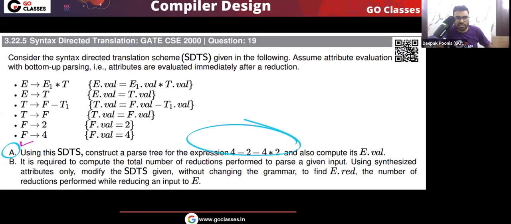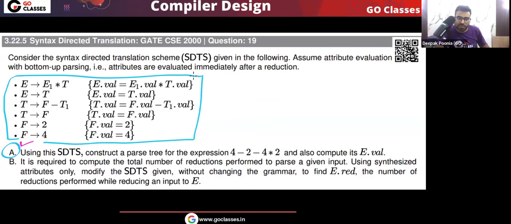So assuming these things, we are calculating the value of this expression. What is the work that this is doing? The work is to compute the value of the expression.